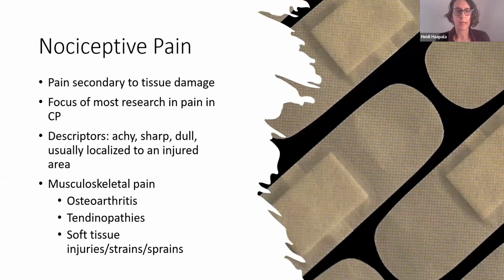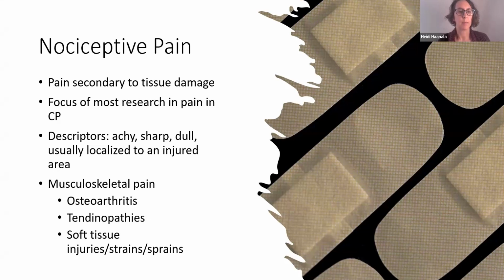Nociceptive pain, by definition, is pain from tissue damage. This is the type of pain most of us think about, and it has been the focus of most of our research in pain with cerebral palsy. Descriptors of this pain would be achy, sharp, dull, and it's usually localized to an area that has been injured.